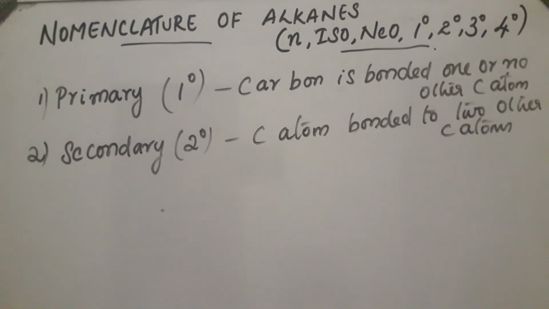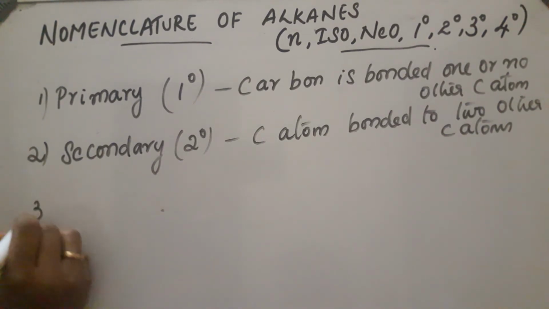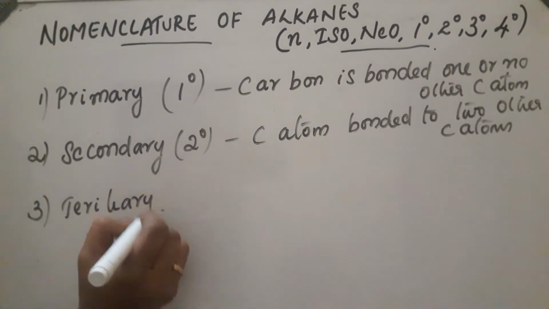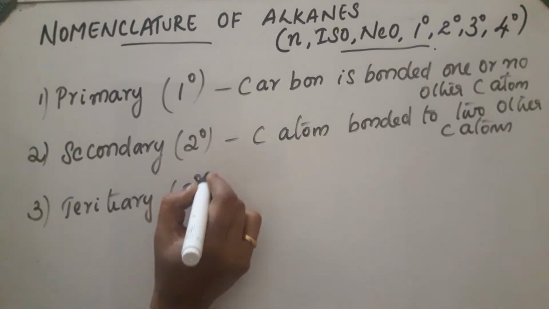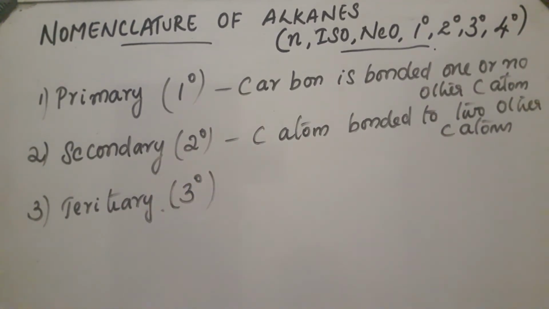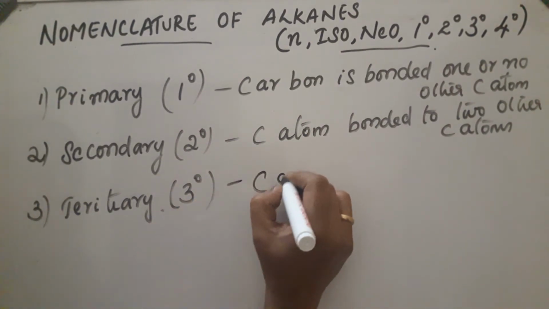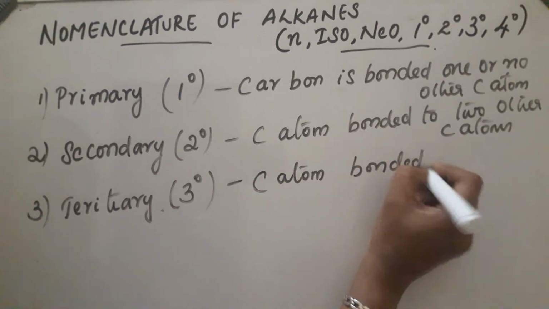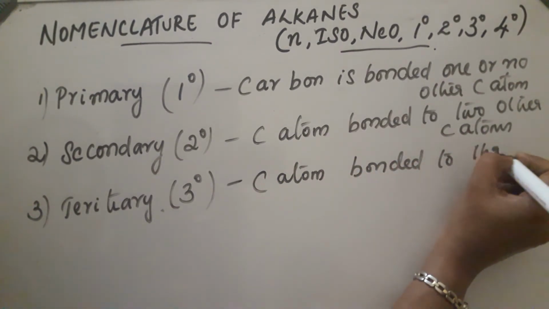Last we will discuss with an example so you can easily understand. Third one, tertiary. In this case, the carbon atom is bonded to three other carbon atoms. Okay.